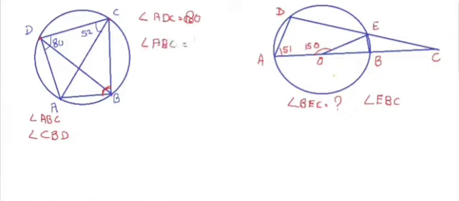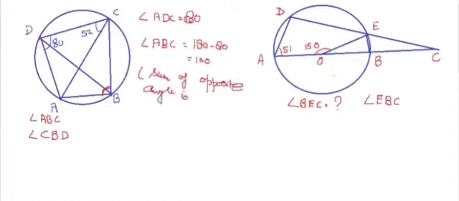Angle ABC will be 180 minus 80, that is 100, because sum of opposite angles is 180 degrees in a cyclic quadrilateral.